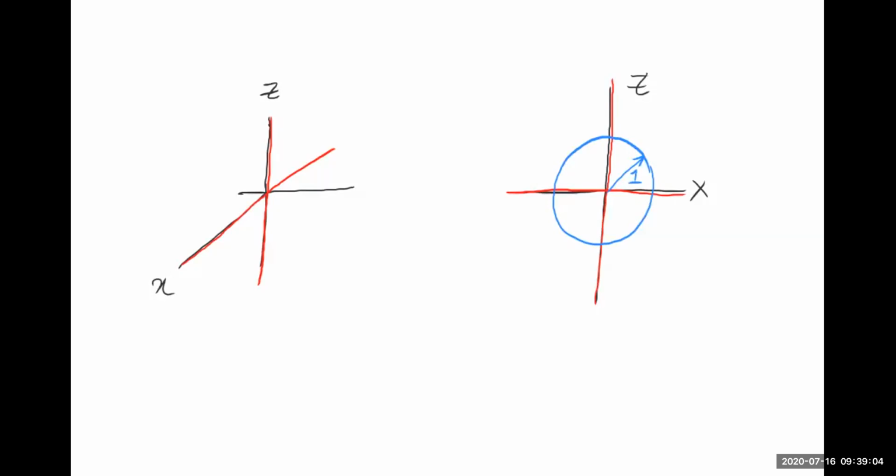Well, it should be x minus 0 squared plus the second coordinate, which used to be y minus 0 squared, and everything should be equal to 1 squared, which is 1. But here we don't have y. The other direction, instead of y, is z.